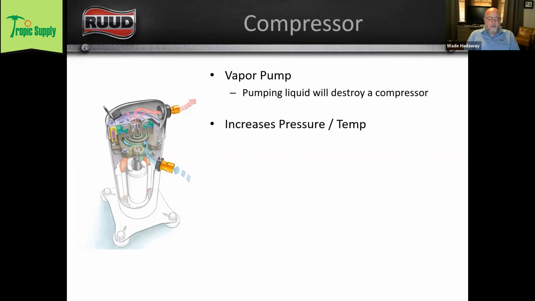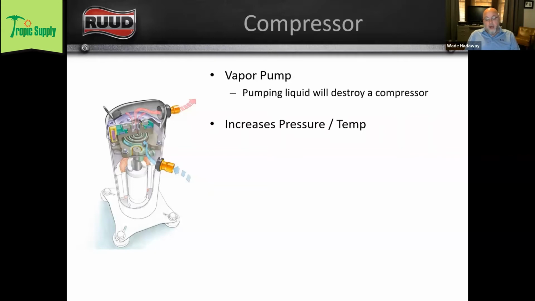If, for a period of time, we introduce liquid refrigerant into our compressor, you can't compress a liquid. You can compress a vapor, but you cannot compress a liquid. So if we continually feed liquid refrigerant to our compressor, we will kill it.